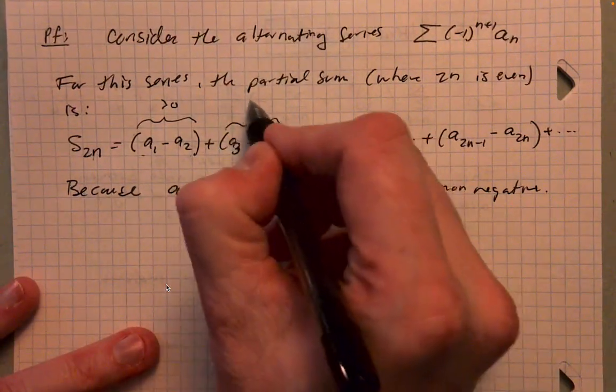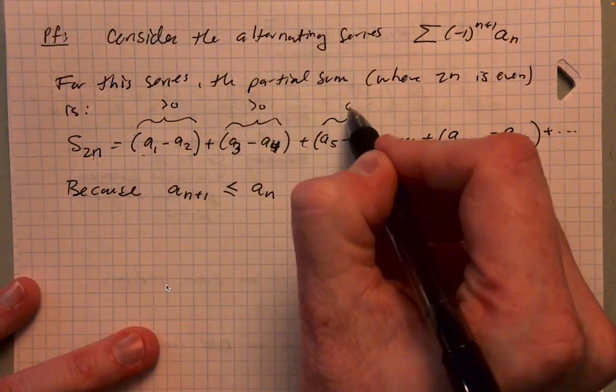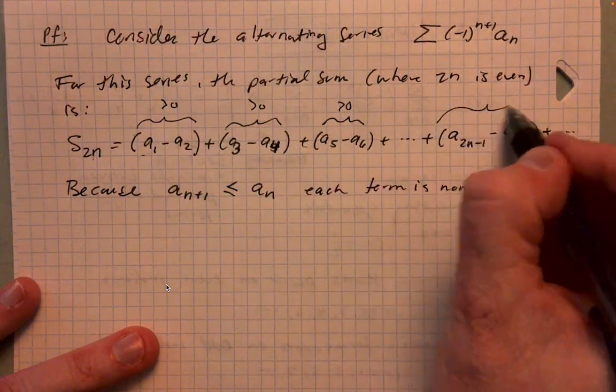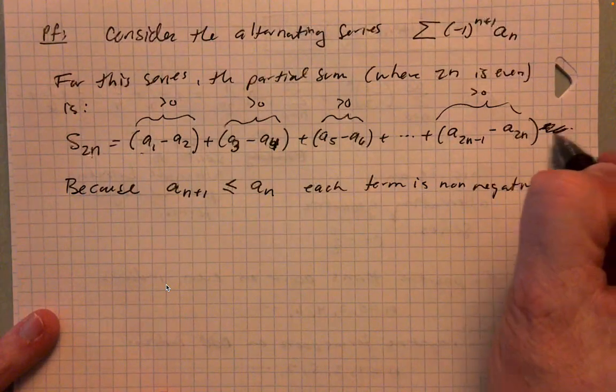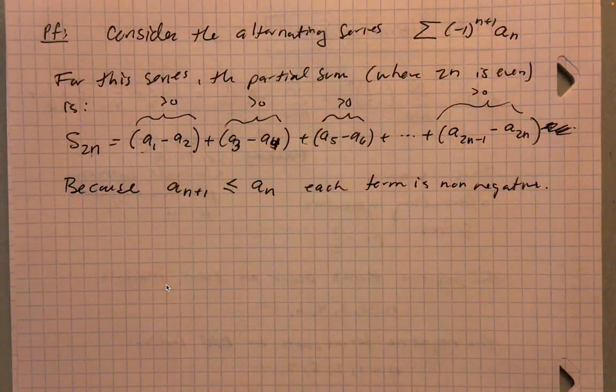So this is greater than 0, this is greater than 0, and so on. Oh, sorry, this is not an infinite sum, this is a partial sum, so stop there.